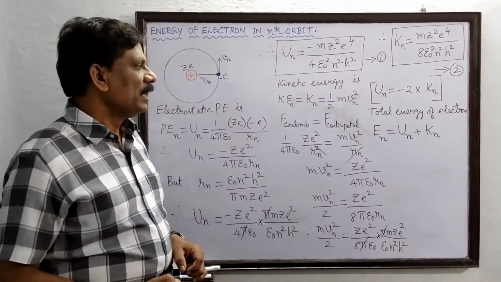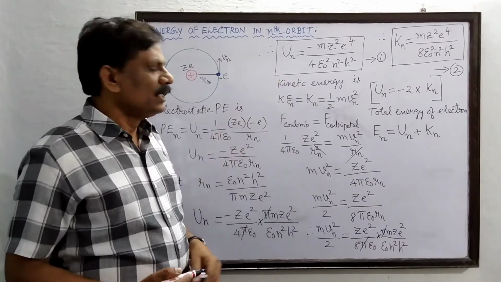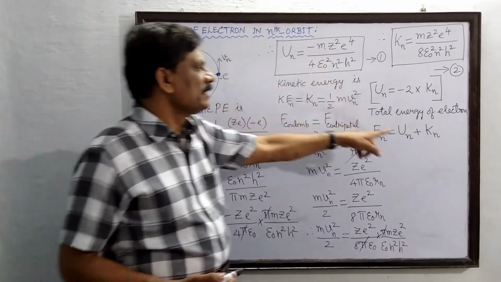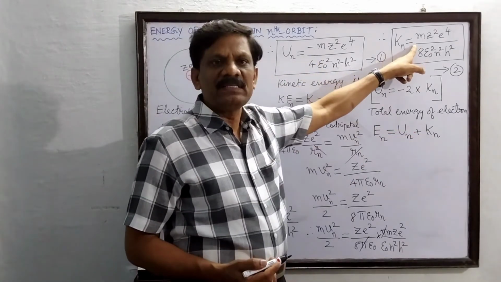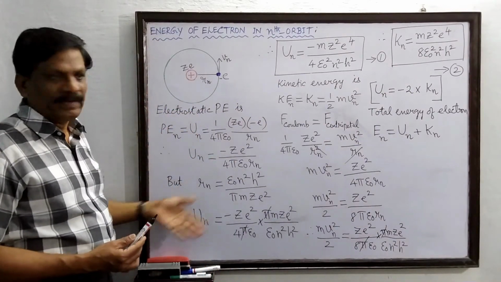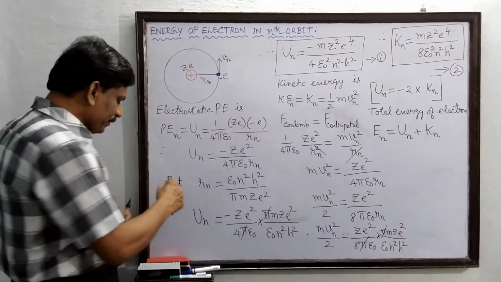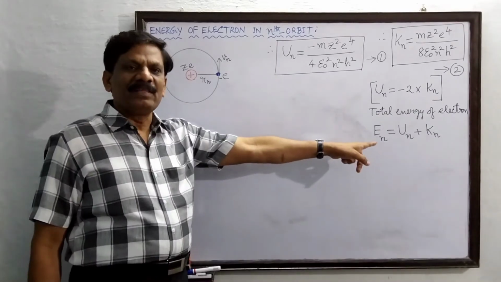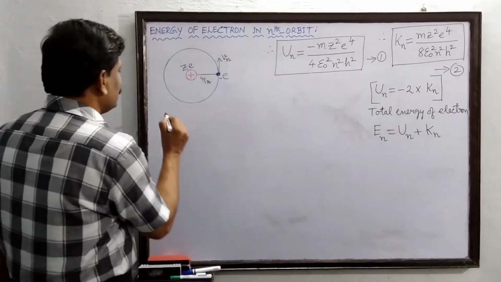Okay, students, I am going to sum up the two terms. So instead of potential energy, I will substitute this. Instead of kinetic energy, I am going to substitute this. Have you all understood up to this? Okay, I will rub this side and rewrite that, substituting for the potential energy and the kinetic energy.